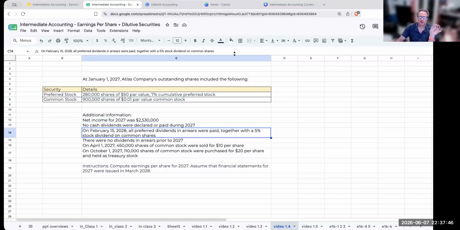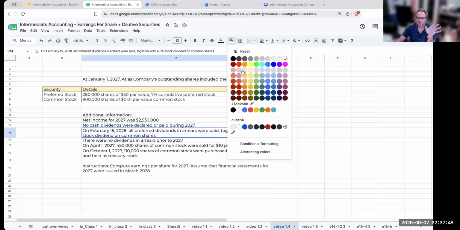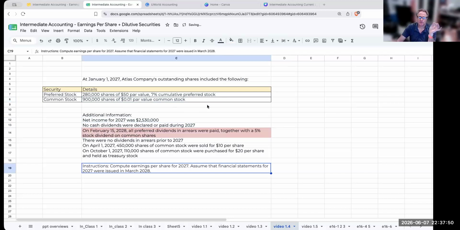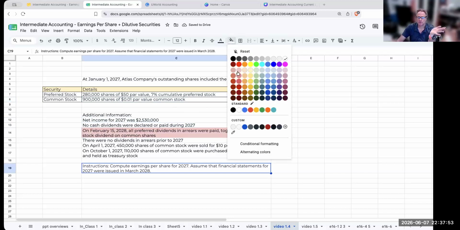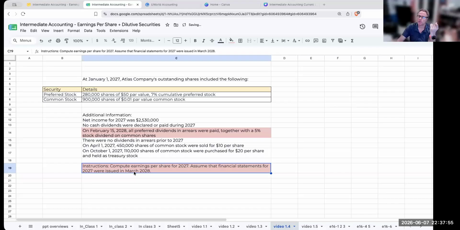The financial statements were issued in March 2028, so we are going to adjust for that stock dividend, at least for the common shares. On April 1st, 450,000 shares of common stock were sold for $10 per share. And lastly, on October 1st, 2027, 110,000 shares of common stock were purchased for $20 and held as treasury stock.